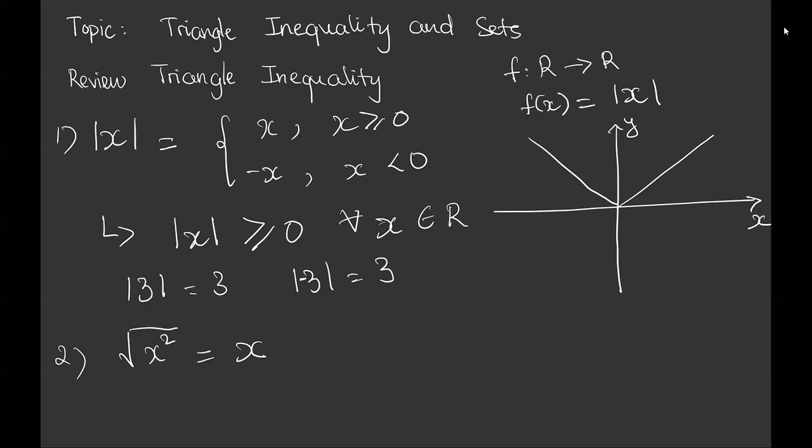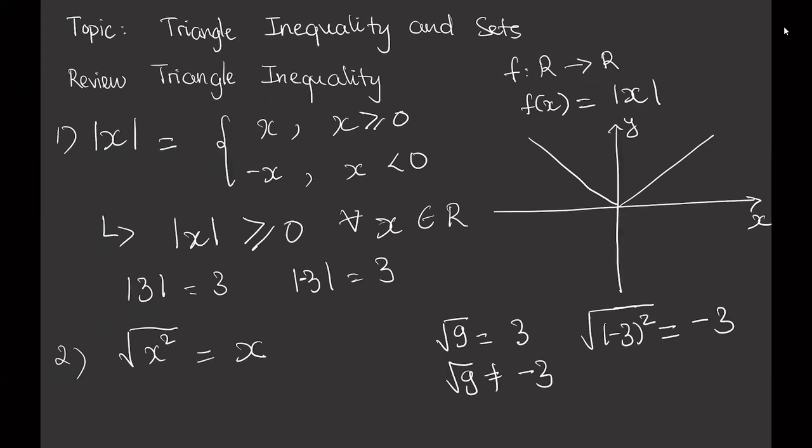Yeah, so if you remember last time I told you, square root of 9 equals 3. Square root of 9 is not negative 3. You can write 9 as negative 3 squared, right? Negative 3 squared is 9. So this one is false.